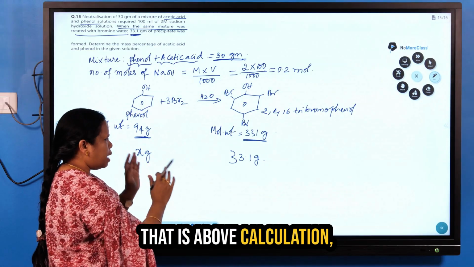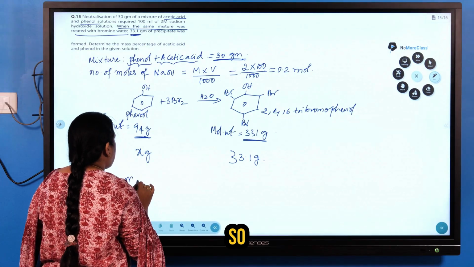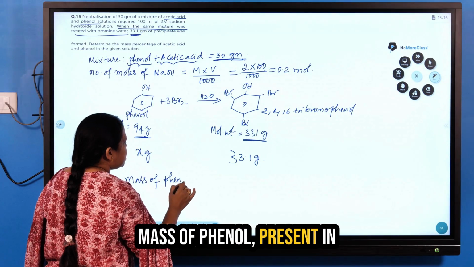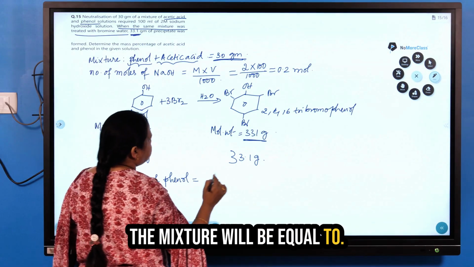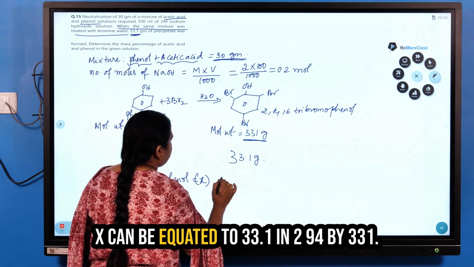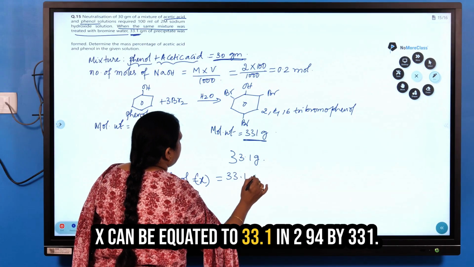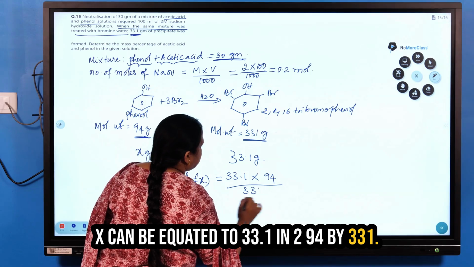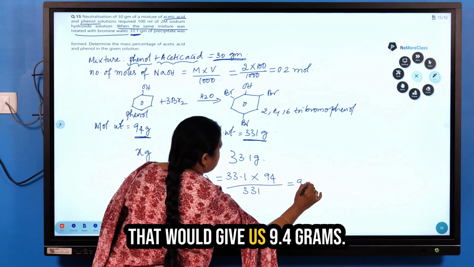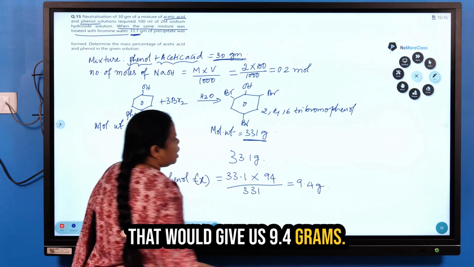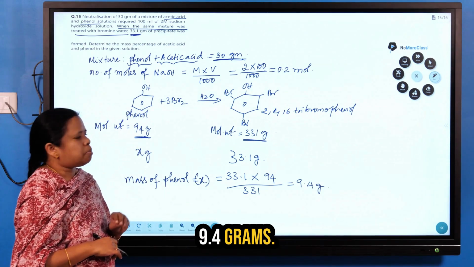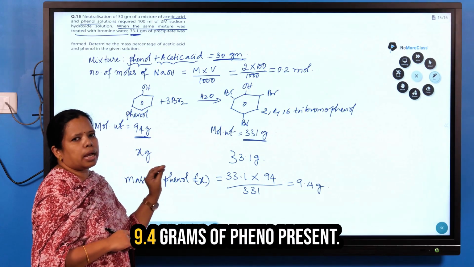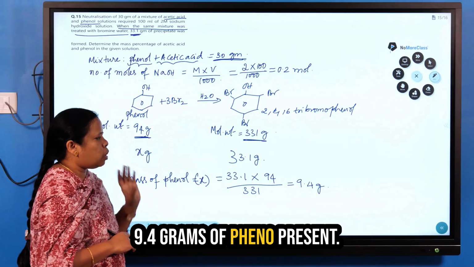The mass of phenol present in the mixture, X, equals 33.1 into 94 by 331. That gives us 9.4 grams of phenol present in the mixture.